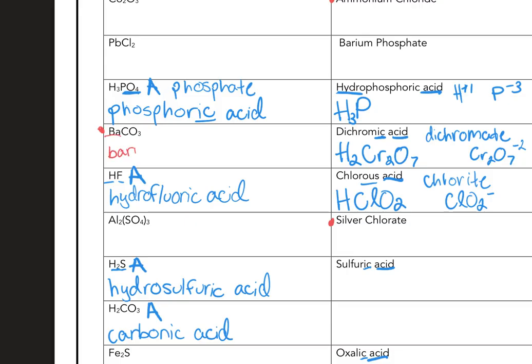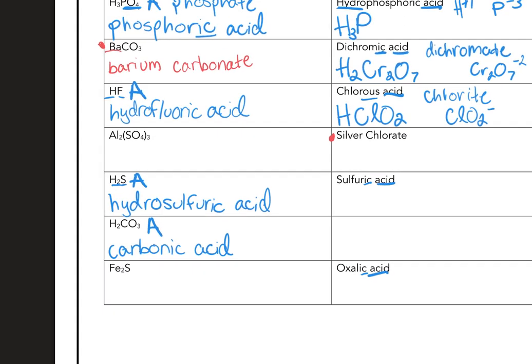Barium is not a polyvalent metal, so I can just write barium. And then CO3. That is going to be a polyatomic ion, so I'm going to go look for CO3 on the back of my periodic table, and it is carbonate. So the name is just barium carbonate.